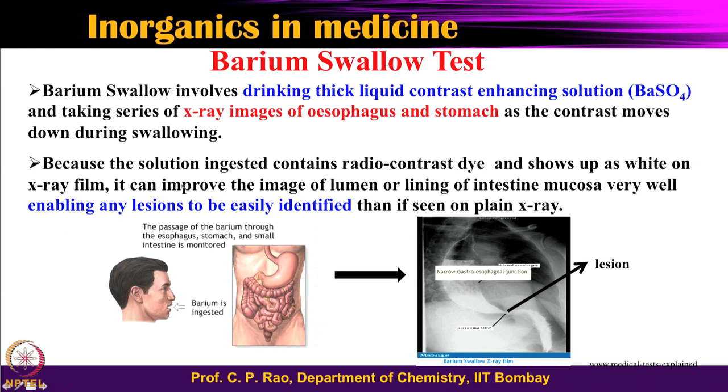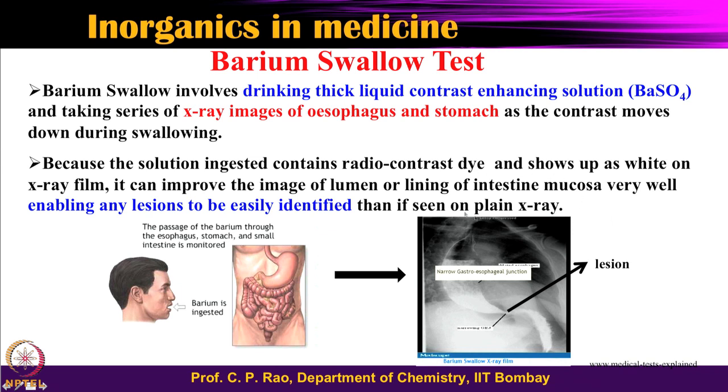The solution ingested contains a radio contrast dye and shows up as white on the X-ray film. So, you will start seeing the white patches versus the dark patches. It can improve the image of the lumen lining of the intestine mucosa very well, enabling any lesions to be easily identified, compared to a plain X-ray.